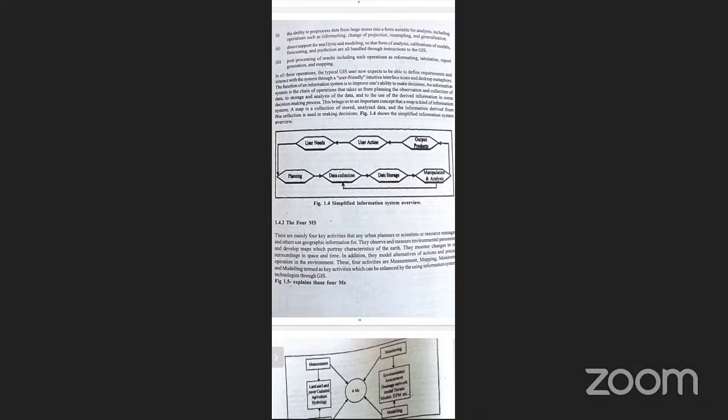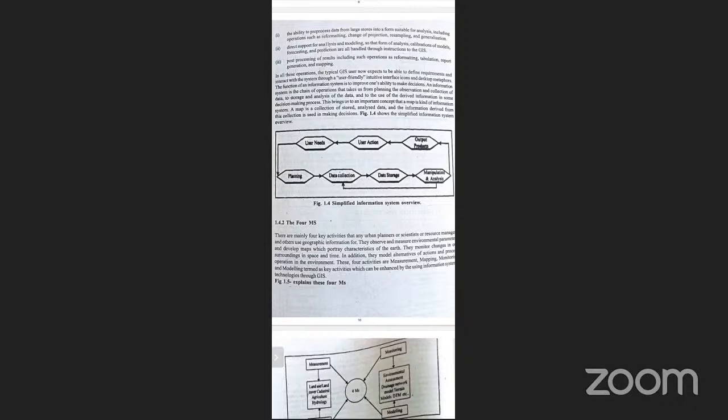They observe and measure the environmental parameters, and they develop the maps with characteristics of the Earth system. In addition, they model alternatives of actions and the process operation environment.